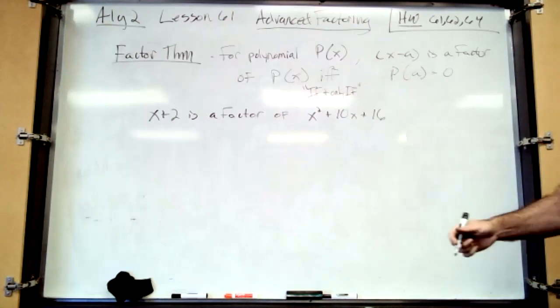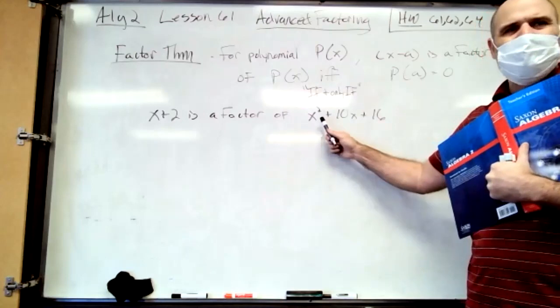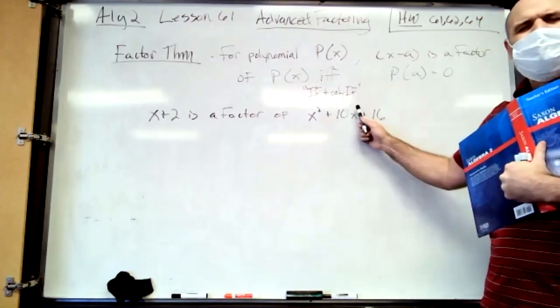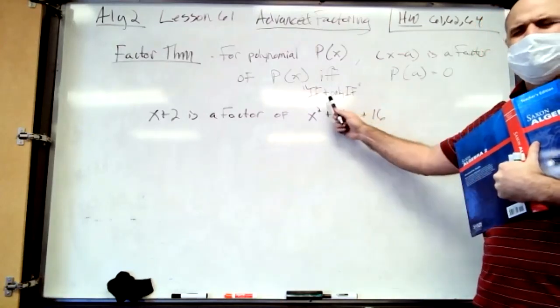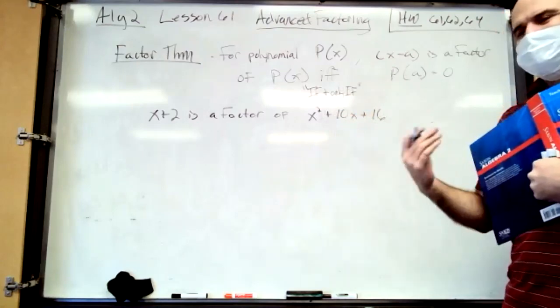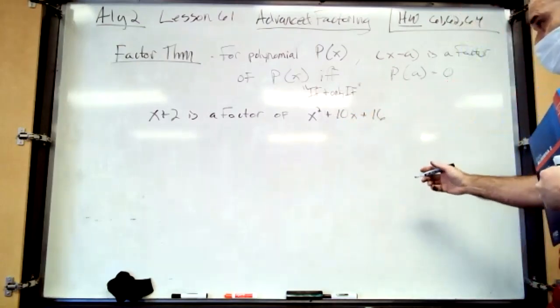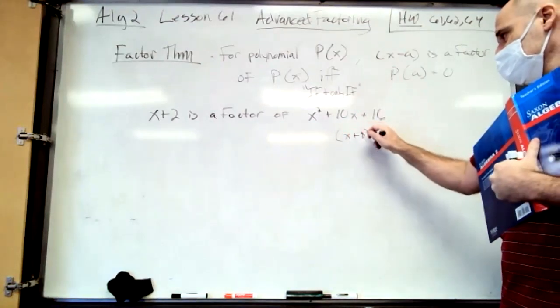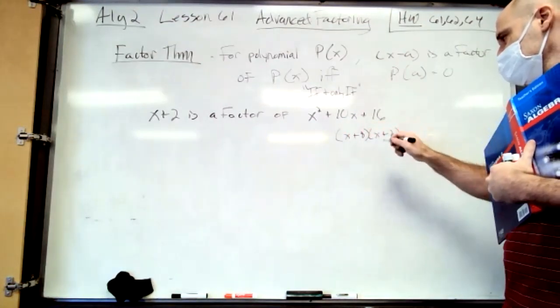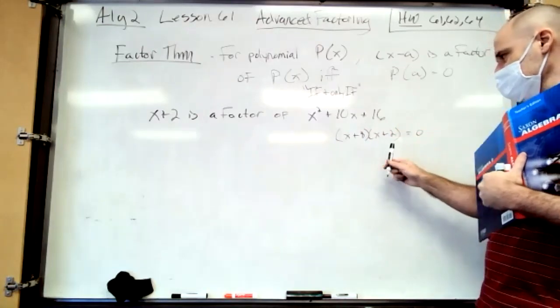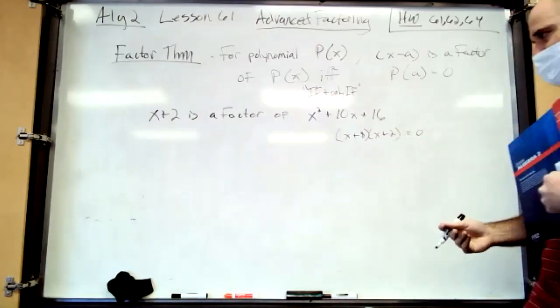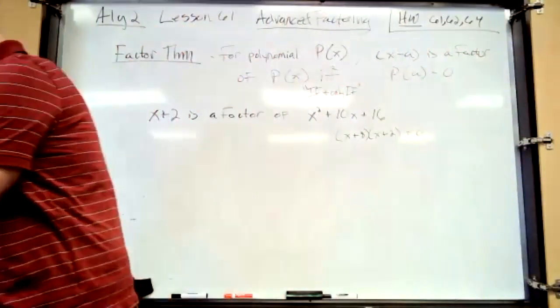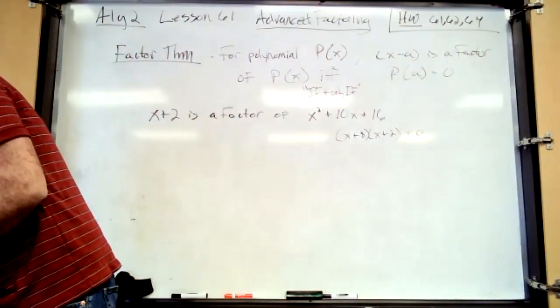Well, let's check it out. So we get -2 squared is 4, and then -20. So 4 minus 20 is -16 plus 16 equals 0. Yes, it is. If I were to factor this, it would be x plus 8, x plus 2, right? And so what makes that 0? Well, those are the factors. And that's what makes that 0, basically.